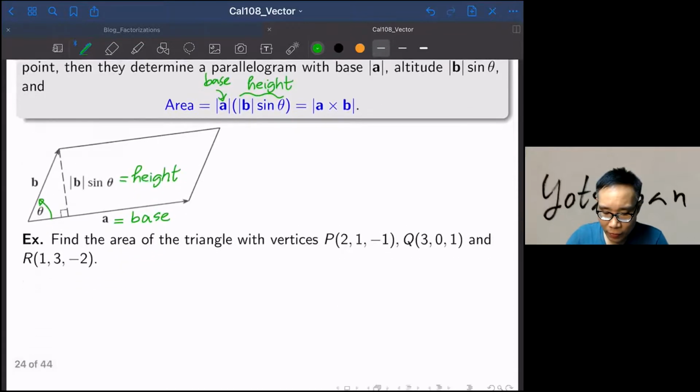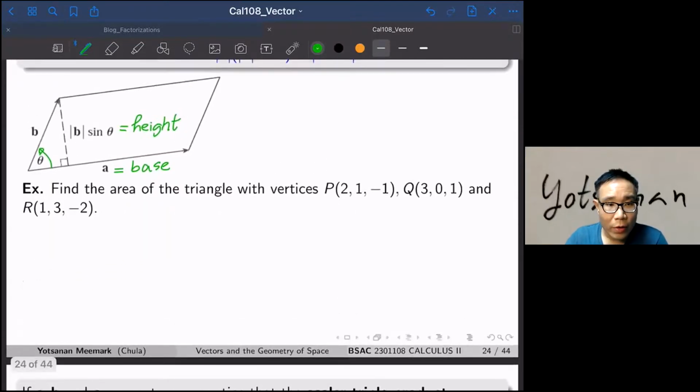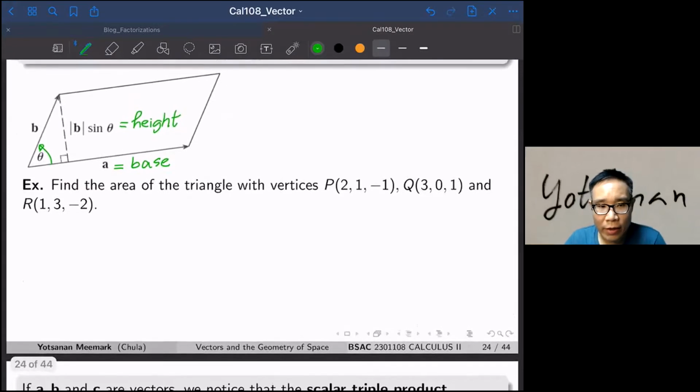Let me do one example for you. We would like to find the area of the triangle with vertices P (2, 1, -1), Q (3, 0, 1), and R (1, 3, -2).